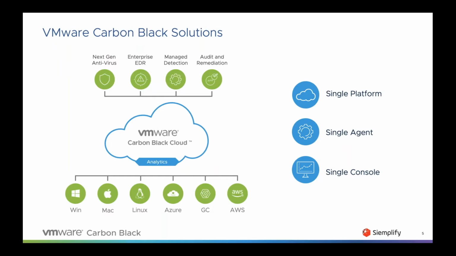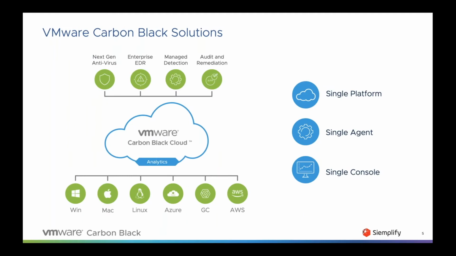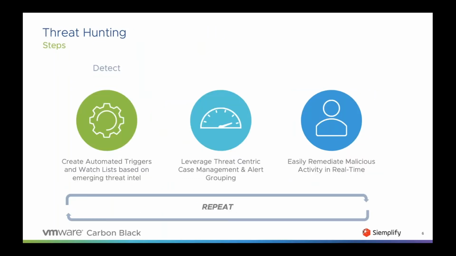That's going to be your next-gen AV, your enterprise EDR, managed detection, and audit and remediation. And we support the devices. We're focused on the endpoint, the devices being Windows, Mac, and Linux, deployable to Microsoft Azure, Google Cloud, Amazon AWS. And again, it's one platform for all interactions.